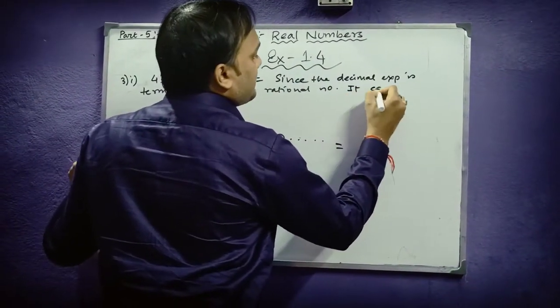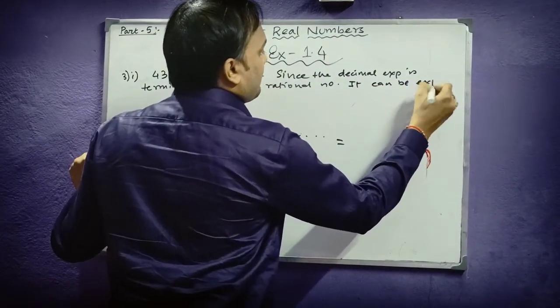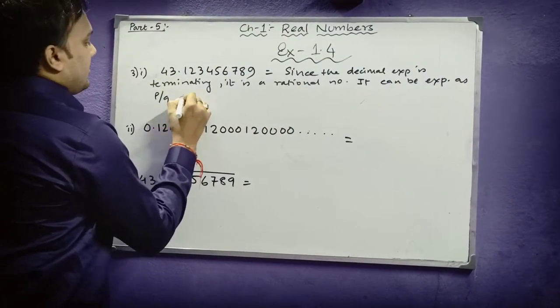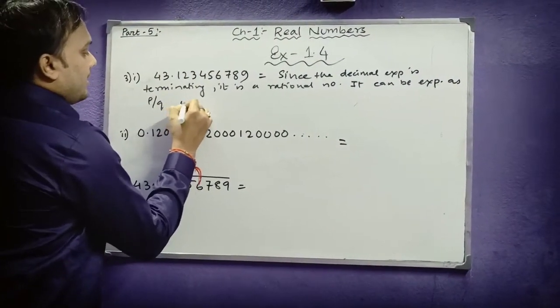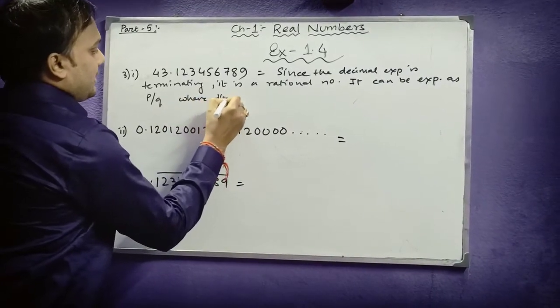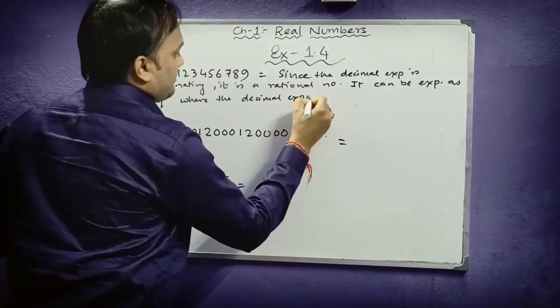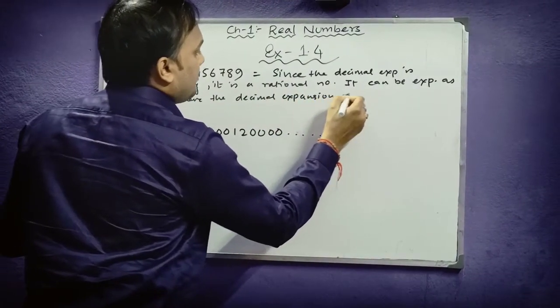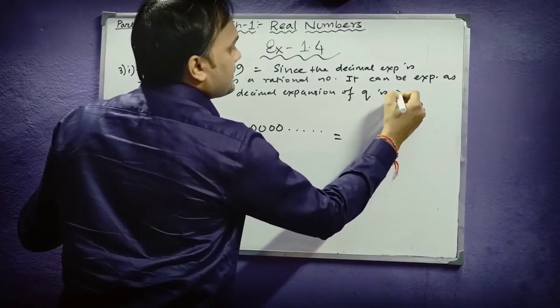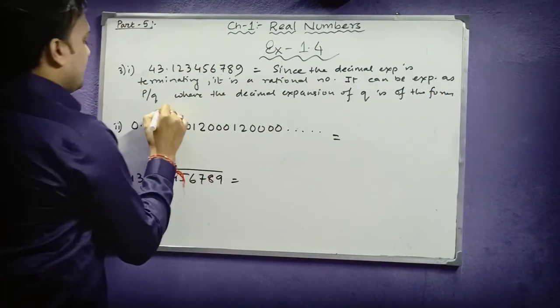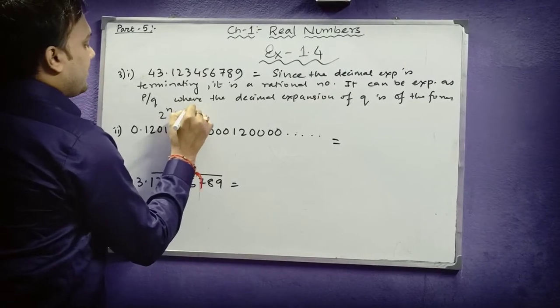It can be expressed as P by Q, where the decimal expansion of Q is of the form 2 to the power n into 5 to the power m.